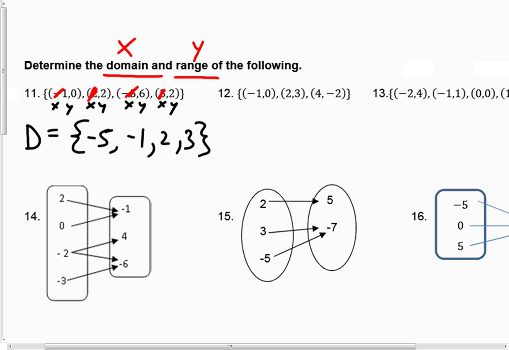What is the range then? If I'm starting from lowest to highest? 0. 0. 2. Don't duplicate. If you see another 2, you don't need to write it down. And then what? 6. So there was a 0. There were 2 2s, but I don't have to write it twice. Just write it once, and then there was a 6.